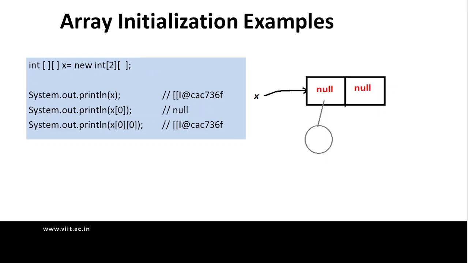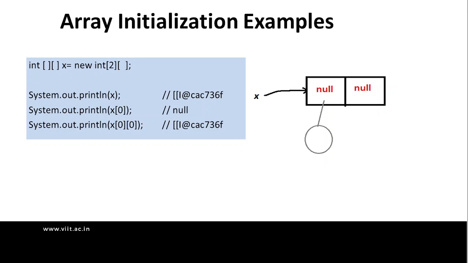Again, like the previous example, if we have declared arrays and not assigned any values, and we try to access them, it will give 0 values. But in the double dimensional array case, you will get null values, because null is assigned by default to the particular location. For example, int[][] x equal to new int[2][].